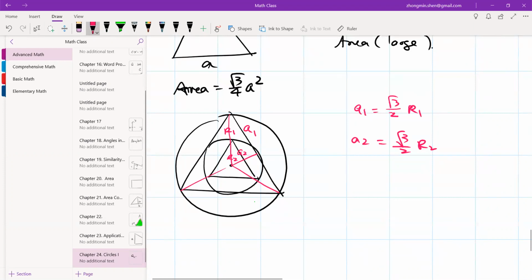So you just need to find the ratio of their radii. Okay. So A2 over A1 is going to be just R2 over R1.